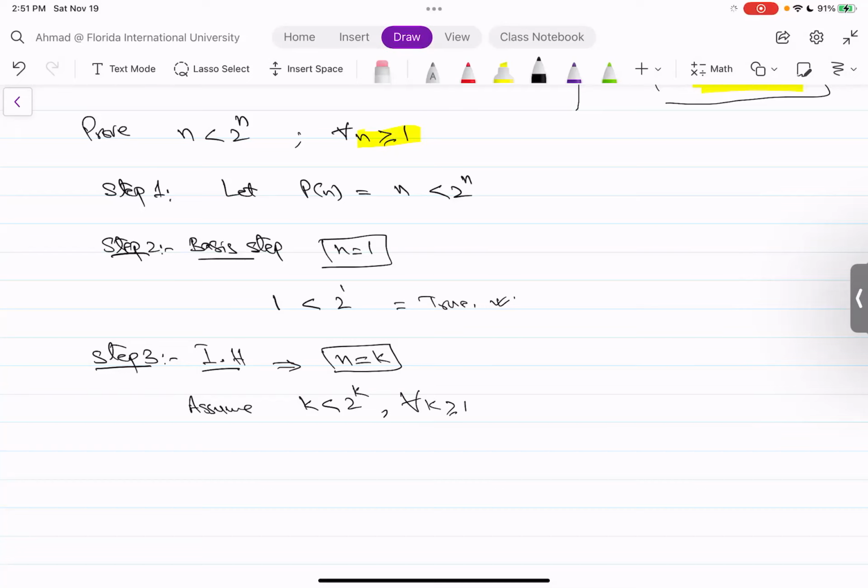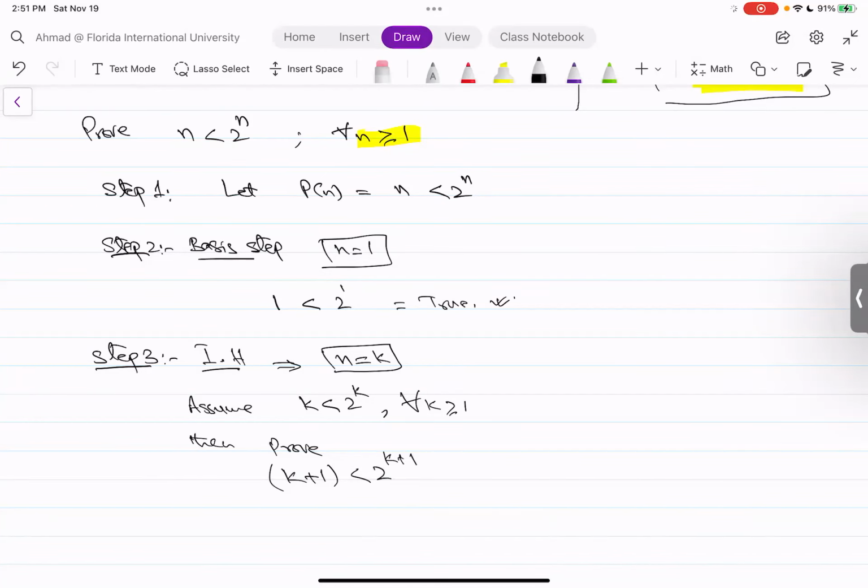Right, that makes sense. And then we have to prove k plus 1 is going to be less than 2 to the power of k plus 1. That is what we now need to prove.